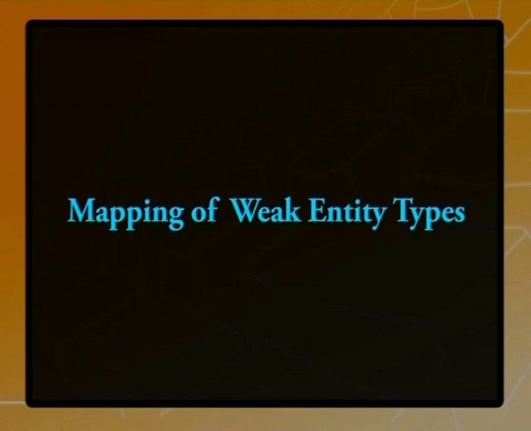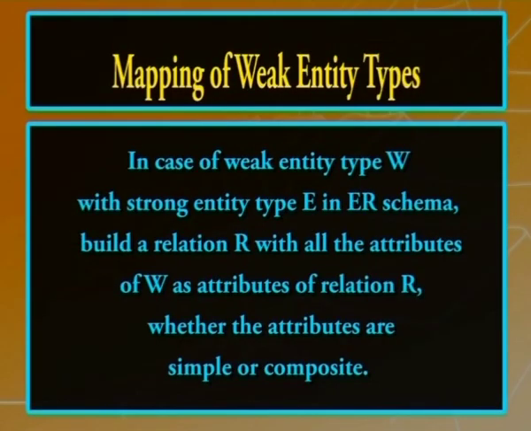Second one is mapping of weak entity types. In case of weak entity type W with strong entity type E in ER schema, build a relation R with all the attributes of W as attributes of relation R, whether the attributes are simple or composite.